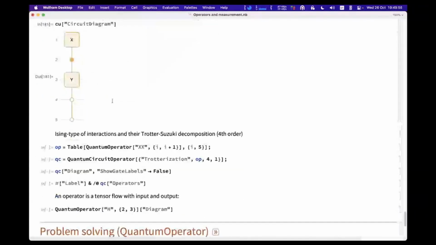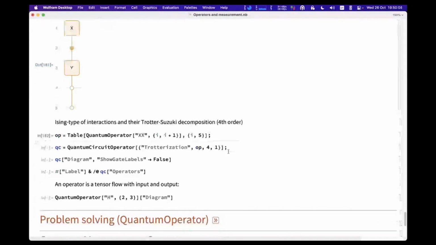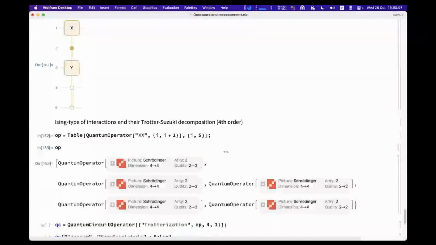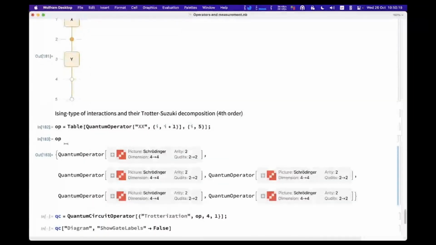Now, since we discussed Ising coupling, let us consider a chain of 5 qubits interacting through Ising interaction. The headache of dealing with time evolution is that in our framework, we can easily deal with any time evolution.